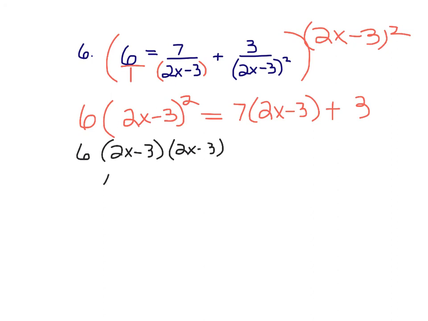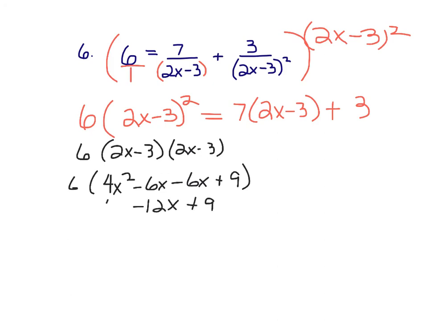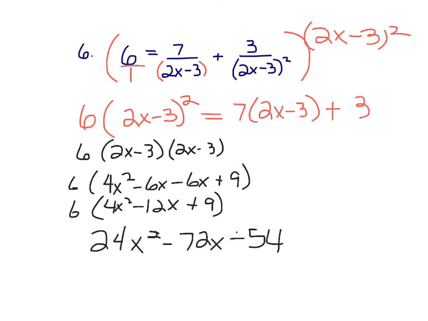So I get 4x squared minus 6x plus 9. I'm going to group my middle terms, and that gives me a -12x. Then I have to distribute the 6. So I get 24x squared minus 72x plus 54.